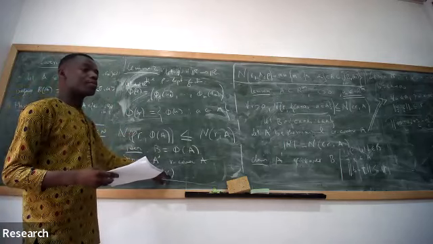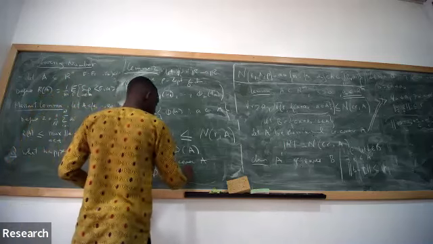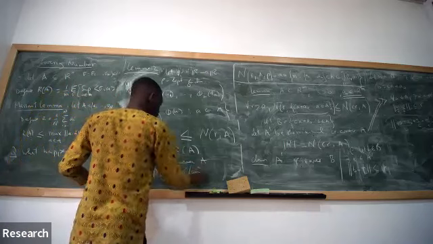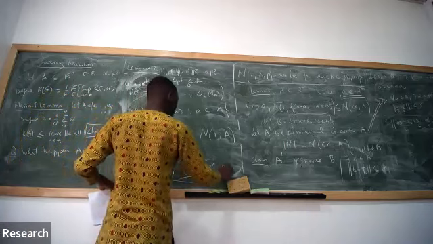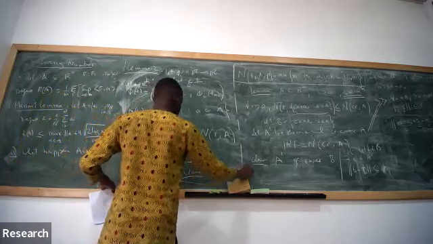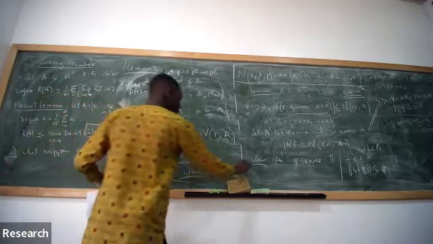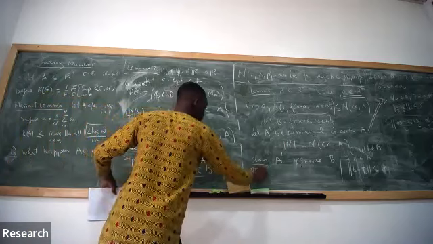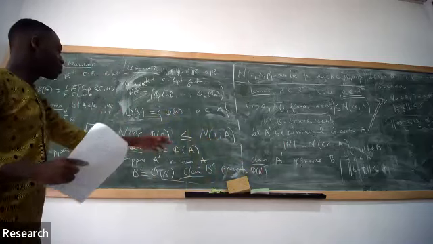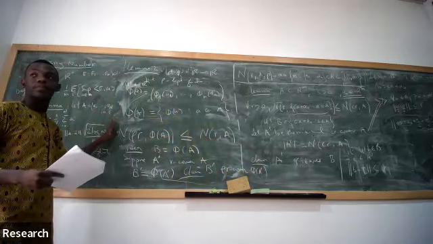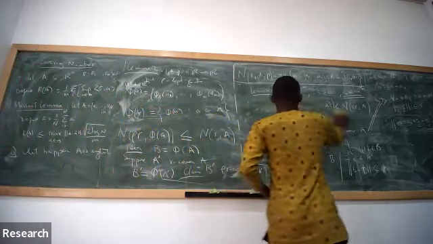That's all. This is my claim. I want to show that B prime rho R covers phi of A prime. So if I manage to prove that, then we get the result. Okay. So let's do it.